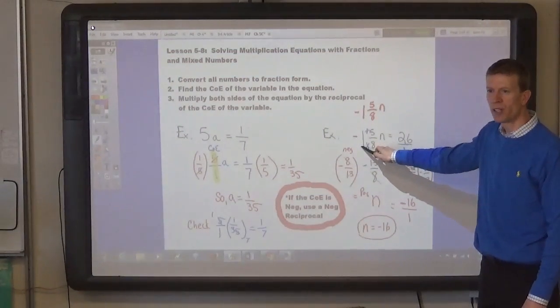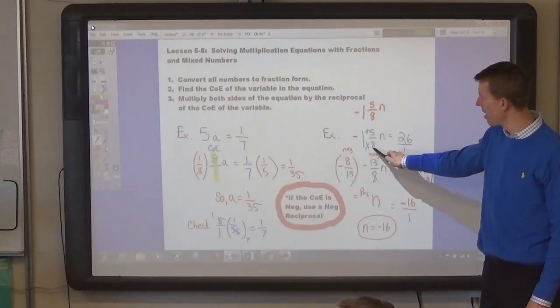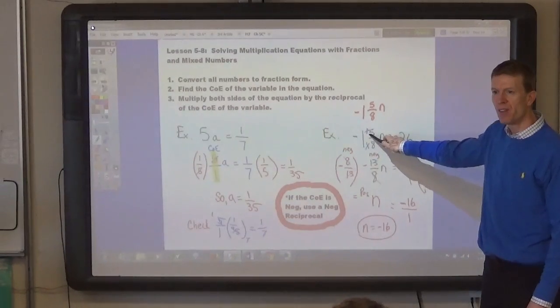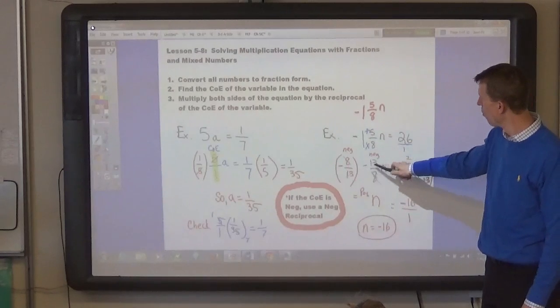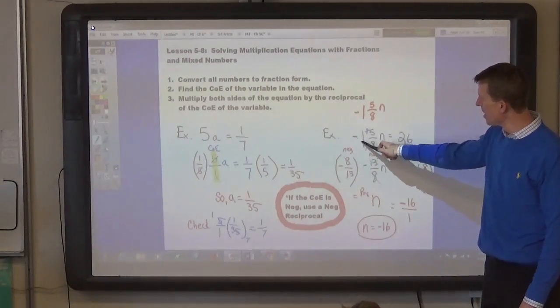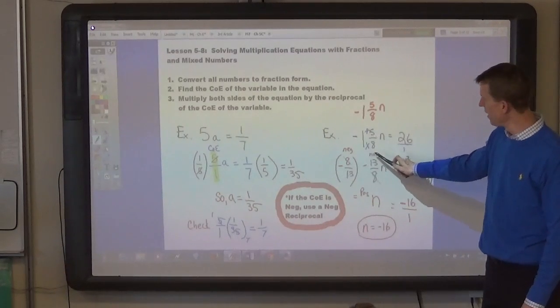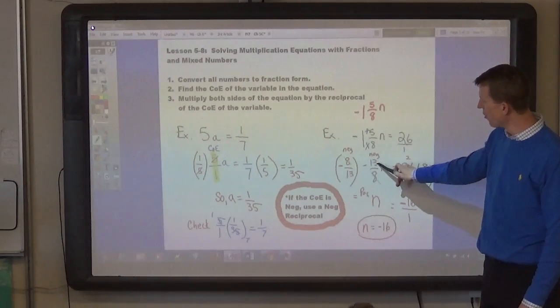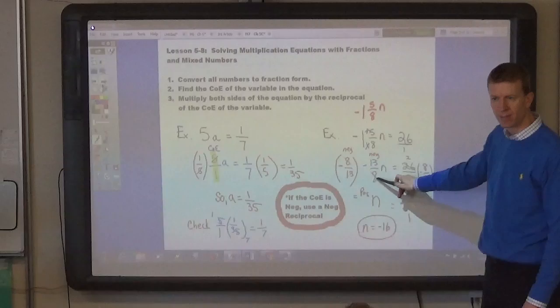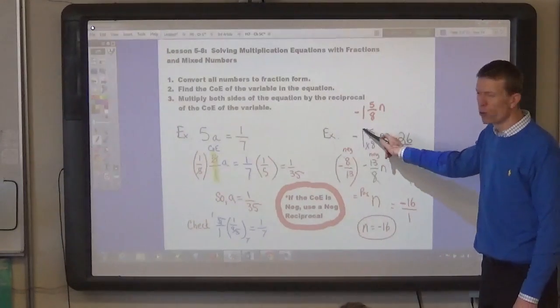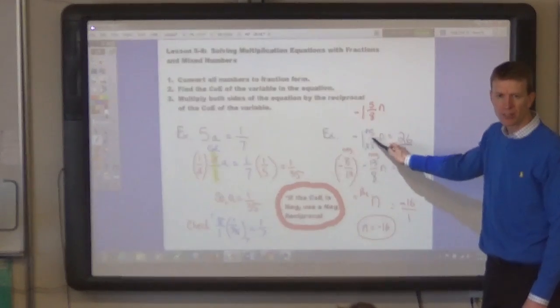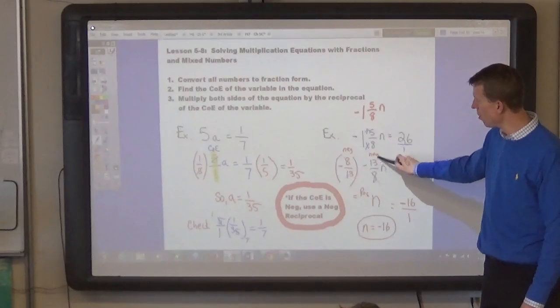Yep. Take the whole number, multiply it by the denominator, add the numerator, and write it over the denominator. So -1 times 8 plus 5 is -13 over 8. Okay? You really don't have to worry about the negative sign. You can just find the numbers and make the whole thing negative.